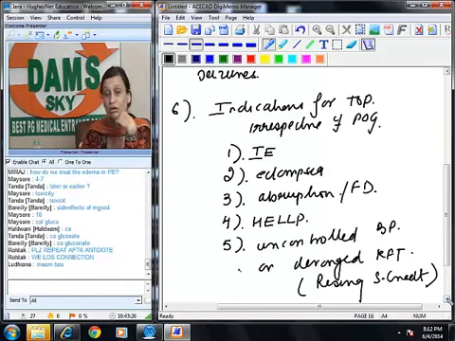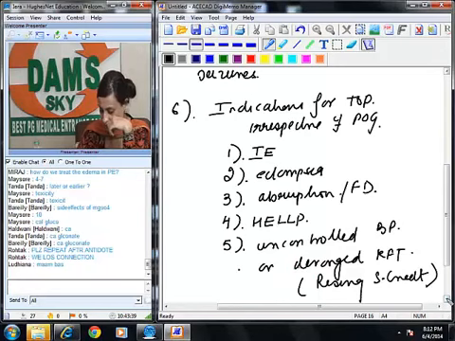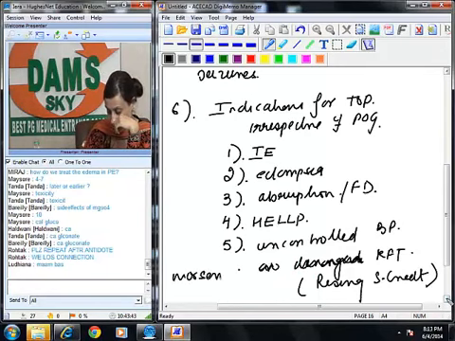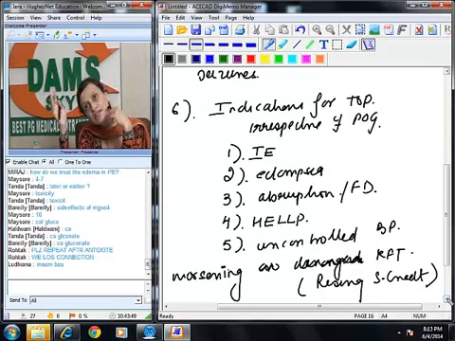Otherwise, what will happen? The patient will go into renal failure, right? So uncontrolled blood pressure which is not being controlled by drugs, or persistently deranged kidney function tests which are worsening. So instead of deranged, we should write worsening. So I'm changing the word here so that you don't get confused. We are going to write worsening of kidney function test, by which we mean if there is a rising serum creatinine level, then again pregnancy has to be terminated.